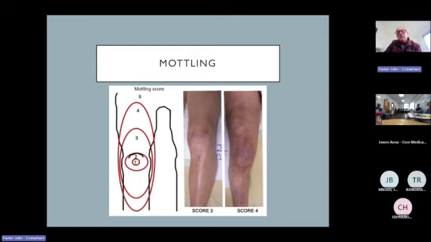Now, just having mottling around the knee, grade 1 to 2, can carry up to 50% predicted mortality. Grade 5 mottling has a 90 to 100% mortality. So it's absolutely vital that we look out for this. Any patient that we see, we should be looking for this.